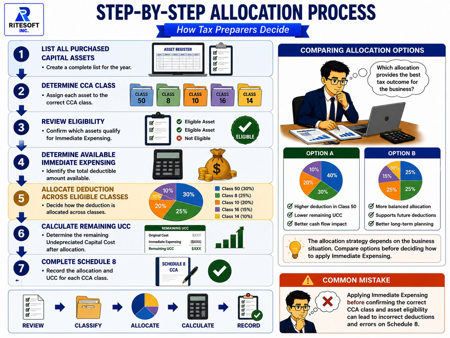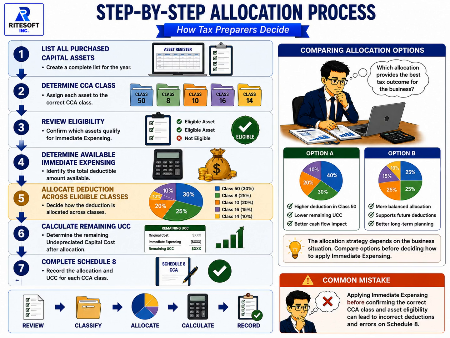The objective is to ensure that the deduction is applied correctly while maintaining accurate balances for each class. As the allocation is completed, calculate the remaining undepreciated capital cost, or UCC, for each CCA class. These remaining balances are important because they will be used to calculate future capital cost allowance deductions in later taxation years.